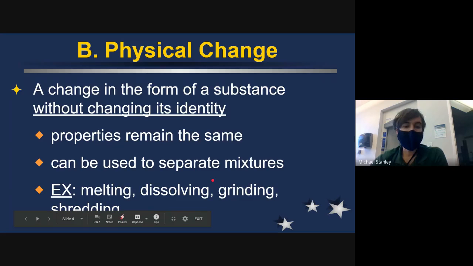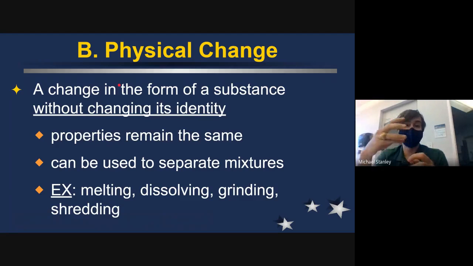However, the sugar molecules just went from big crystals that we could see to tiny little sugar molecules that we can't see anymore. They're still floating around in our drink, but they just changed size. They went from big crystals to tiny particles. So physical change is all about staying the same, maybe getting bigger or smaller, but not turning into something new, staying the same thing that it was before.